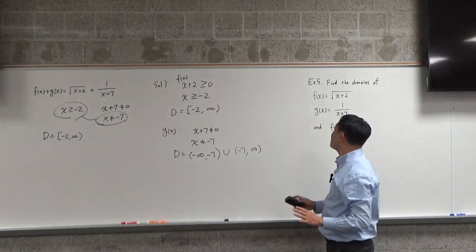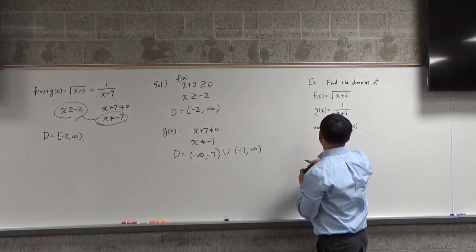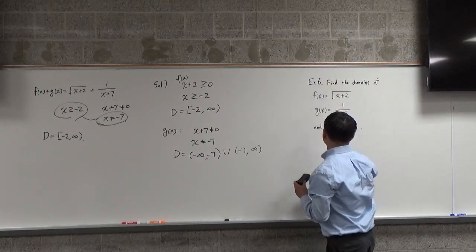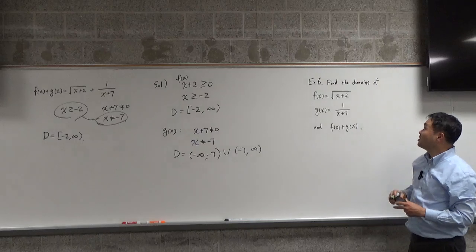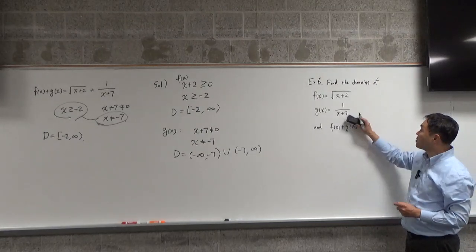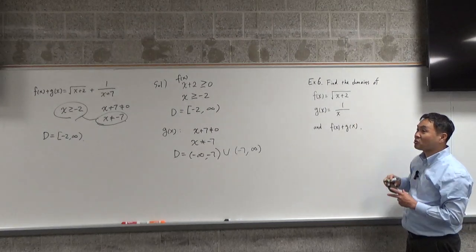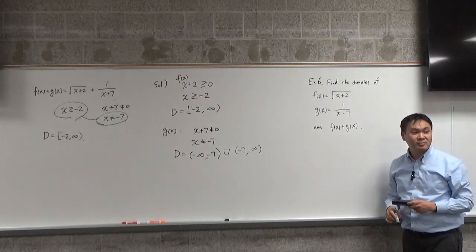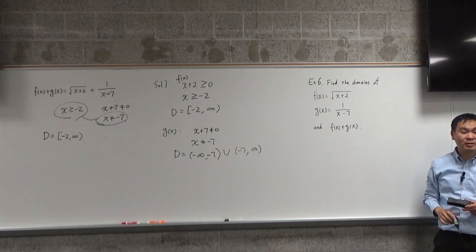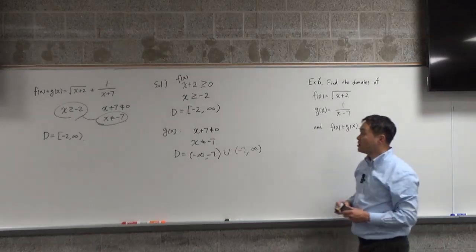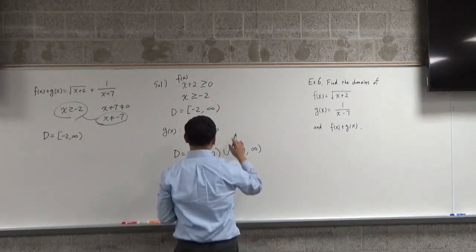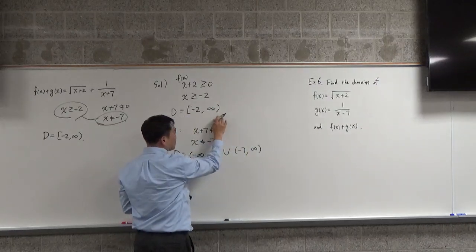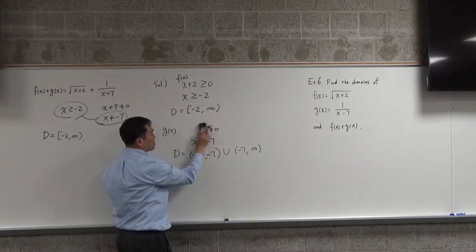Very similar to what we just did. Example 6. This time, it will be exactly the same as before, but instead of plus 7, I'm going to put minus 7. Okay? Now, because we didn't change f of x, this answer is the same, right? How would this one change?